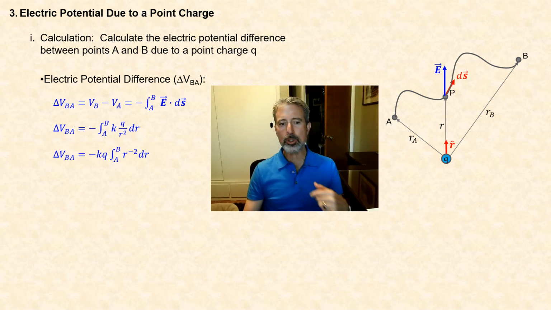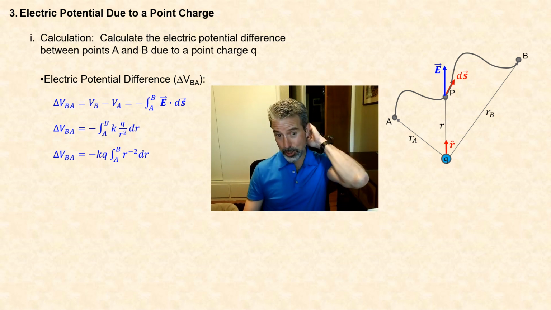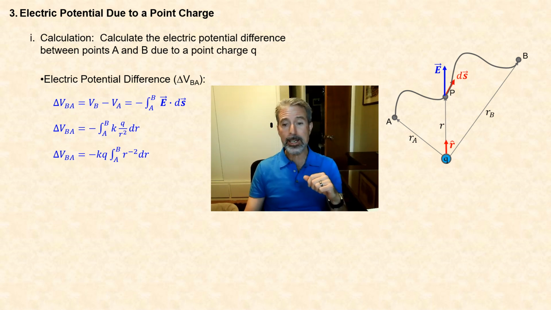So k, Coulomb's constant, and q, the source charge or the point charge, are constants that can be taken outside of the integral. We'll write the integral as r to the minus 2 dr. And when we evaluate this simple function, the integral of r to the minus 2 dr is just r to the minus 1 divided by negative 1.